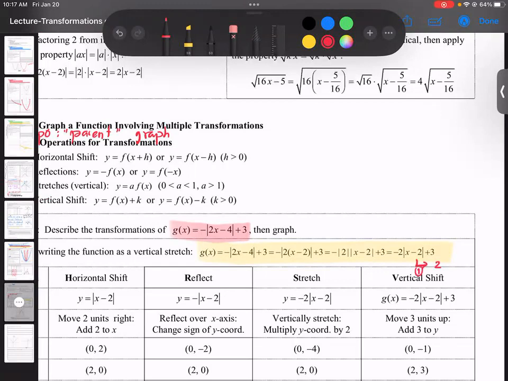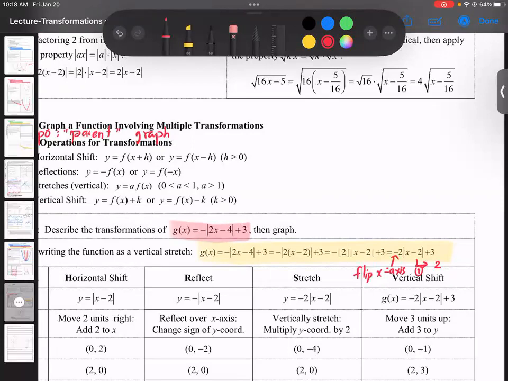Step number 2: reflect over, flip over the x-axis. Step number 3: is your graph getting skinnier, wider or narrower?